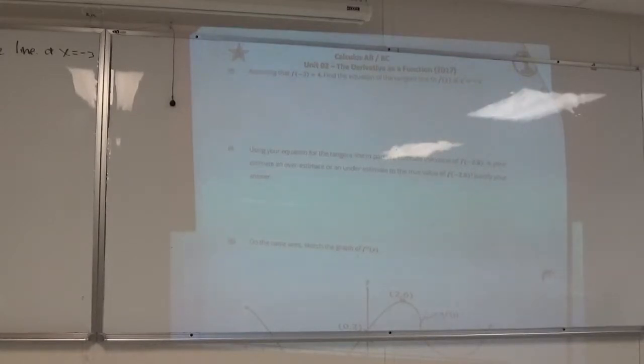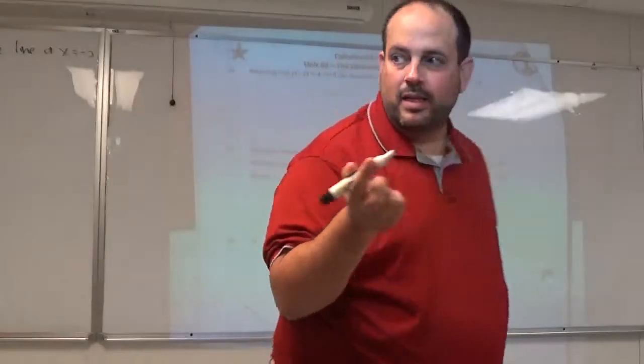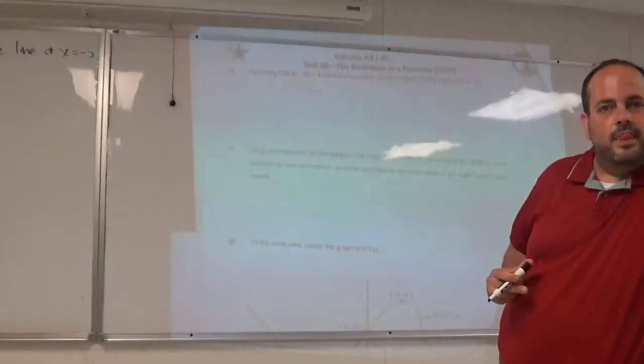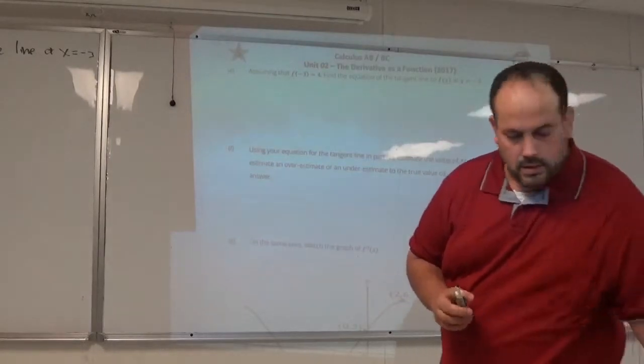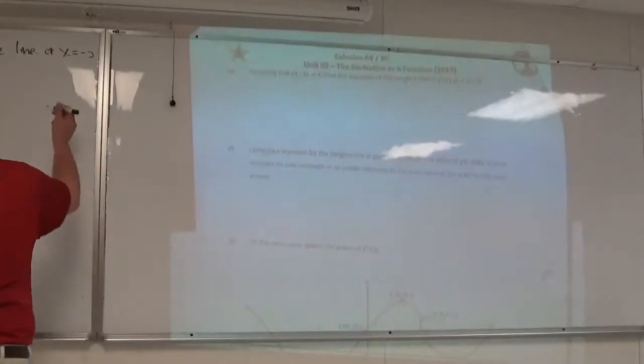The equation of the tangent line, there are two things we need. We need a point and we need the slope. You have to have both. Okay?